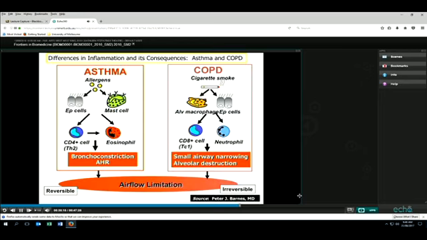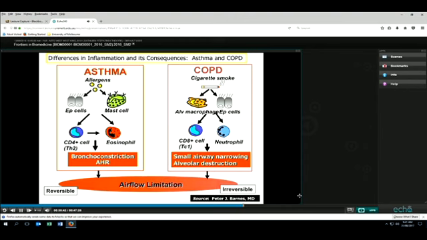So we've already discussed that there are different biologic pathways leading to the end result of airflow limitation. Mast cells and eosinophils are highly steroid responsive, and the inflammation that they induce generally is highly reversible. So the airflow limitation that results in asthma is generally reversible, whereas the neutrophilic inflammation and certainly the destruction of parenchymal lung tissue is irreversible.